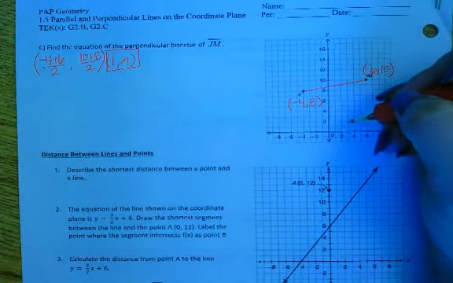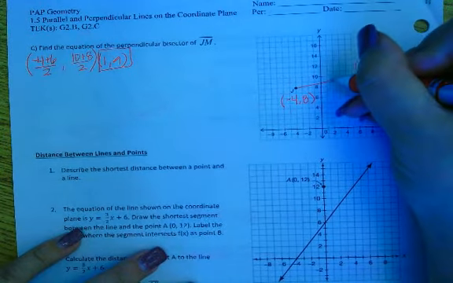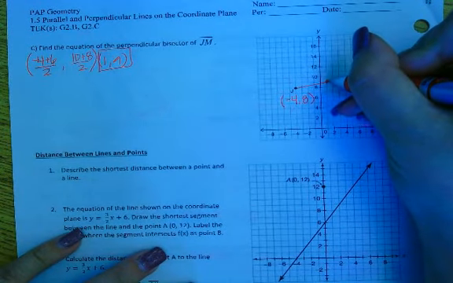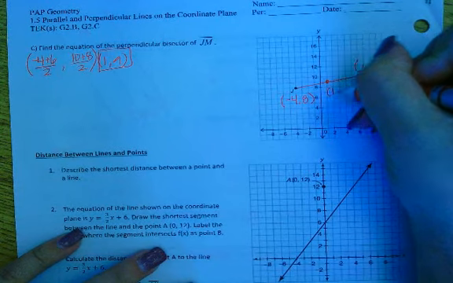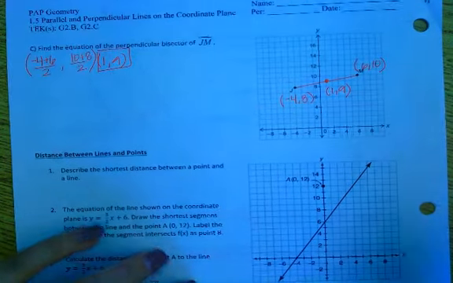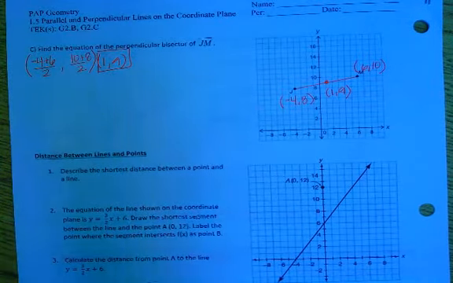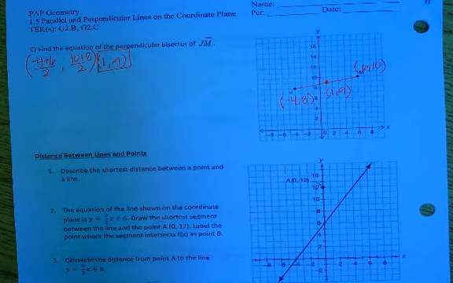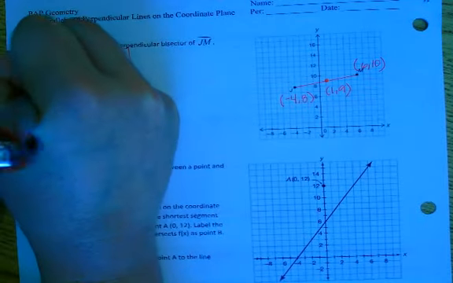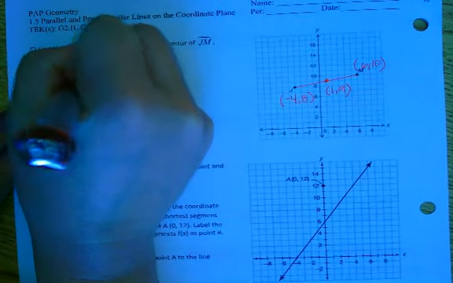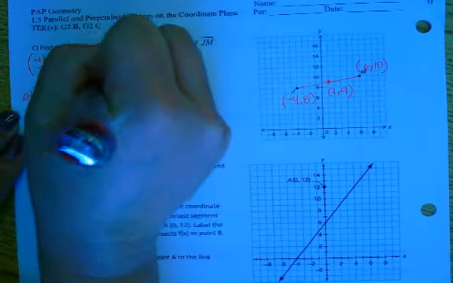So plot that point. Okay? Now what do I do? Find the slope of JM. So what is the slope of JM?